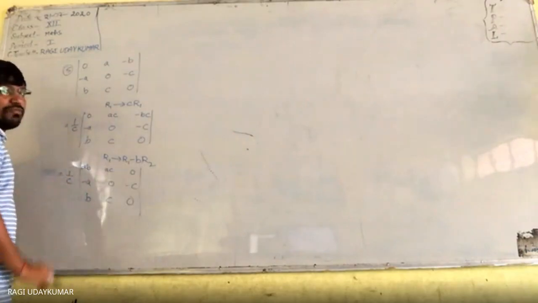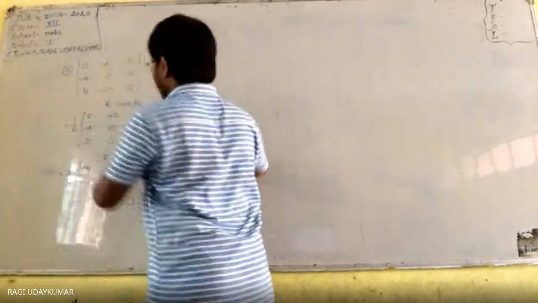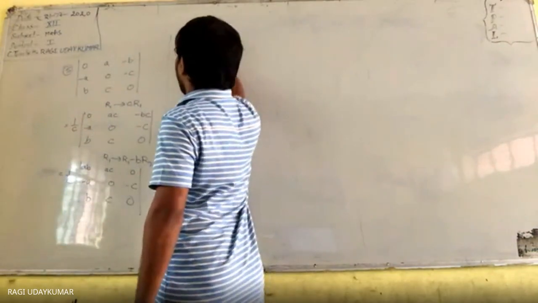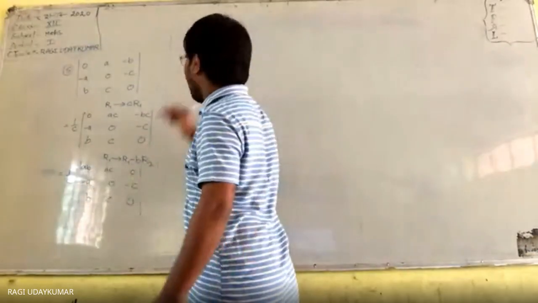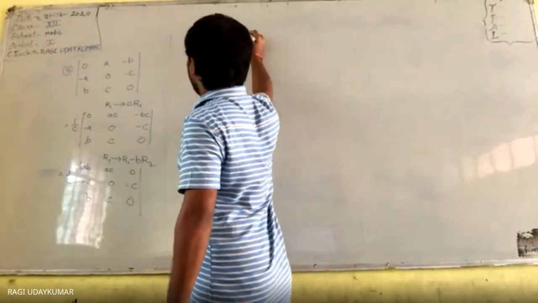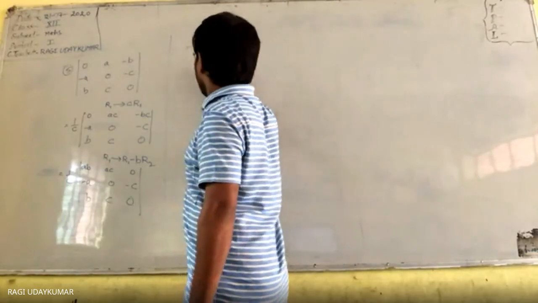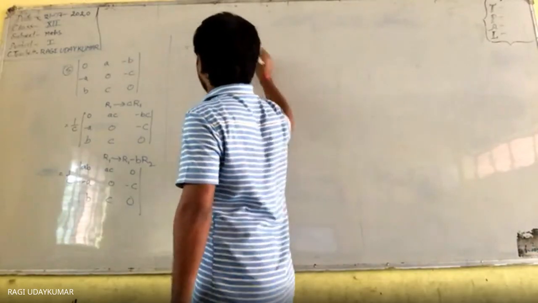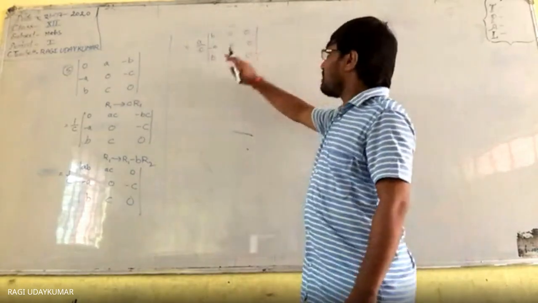Taking A common from the first row, we are going to get A by C. So A by C here, we took A common, B C 0, minus A 0 minus C, B C 0. So B C 0 and B C 0 have come.